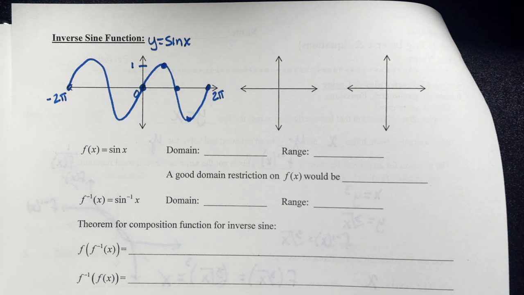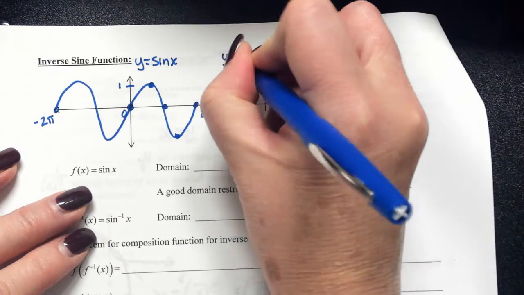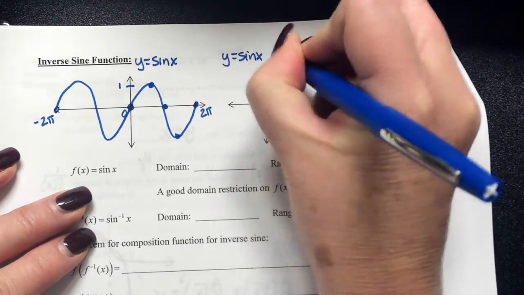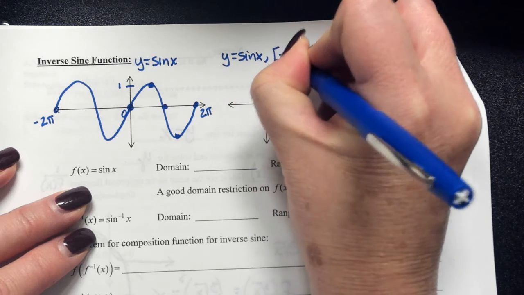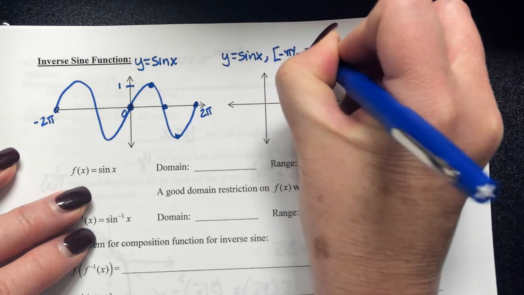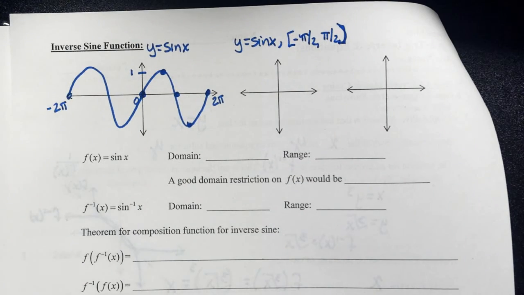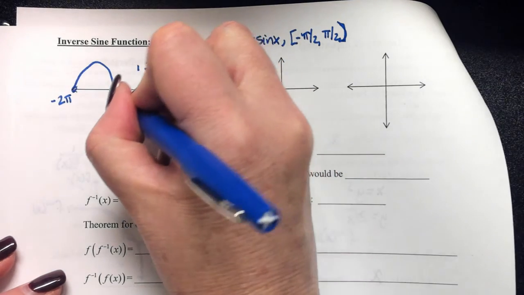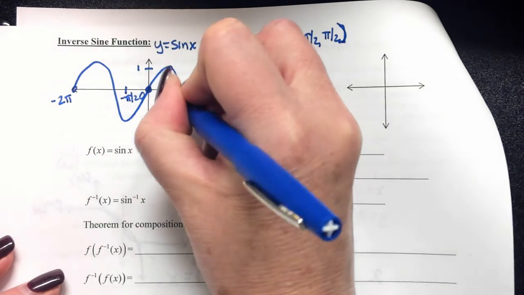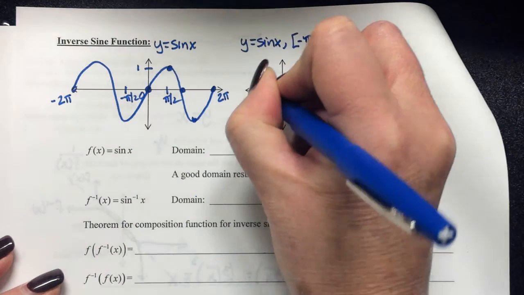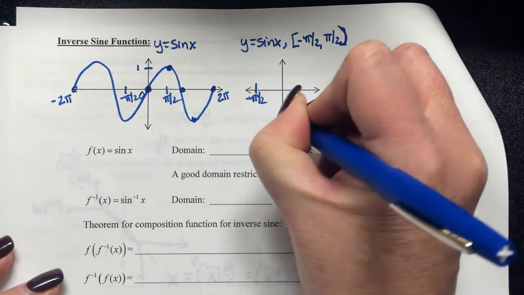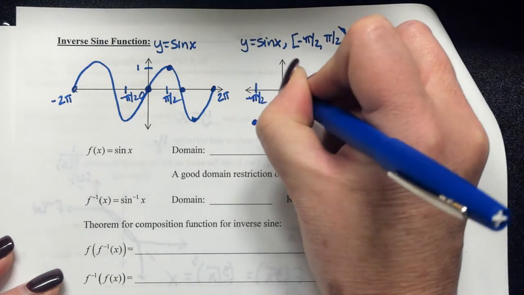So in order to talk about the inverse sine function, we're going to restrict the domain from negative pi over 2 to pi over 2. Right here is my negative pi over 2. Here's positive pi over 2. At negative pi over 2, sine is negative 1.